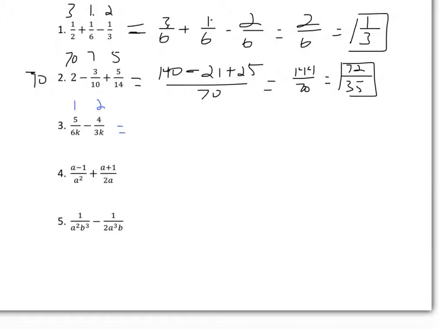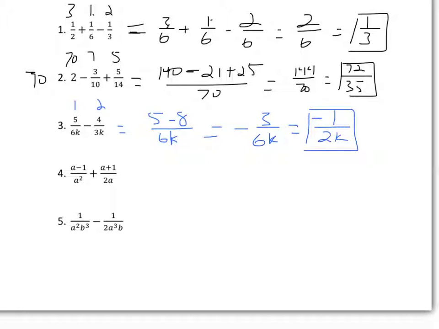So we're going to have 5 minus 8 over 6k, because you could rewrite this as 8 over 6k if you multiply the top and the bottom by 2. So we'll have negative 3 over 6k, which can be reduced to negative 1 over 2k.